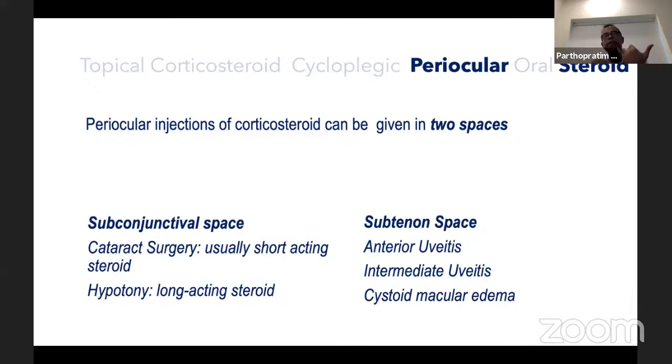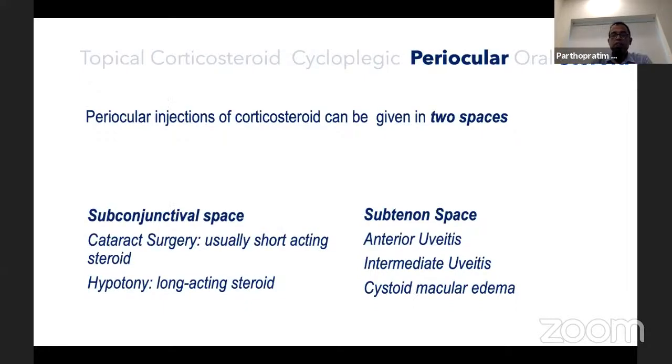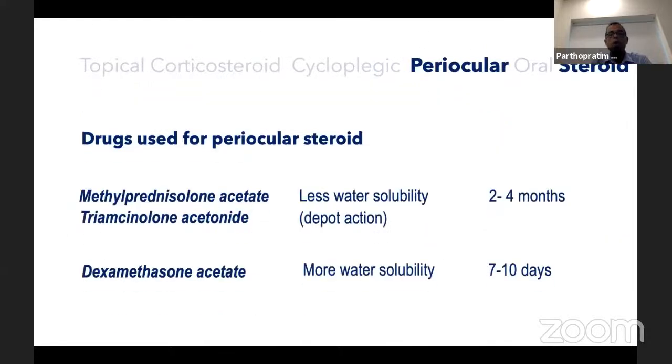So what happens? The drug reaches the retromacular position, and from there it diffuses, enters the vitreous cavity, and helps in resolution of the cystoid macular edema.